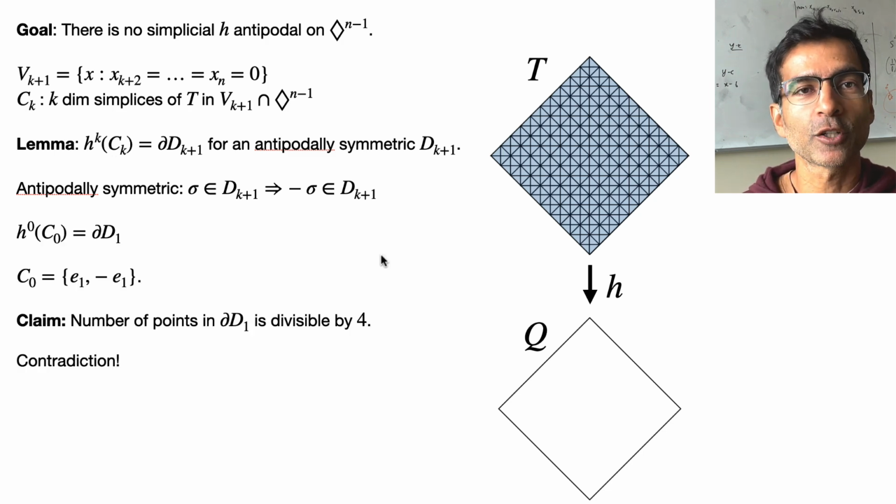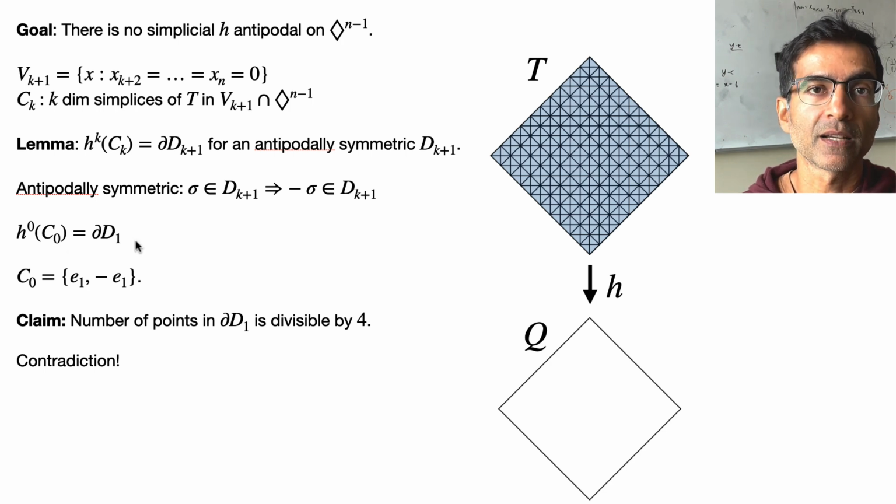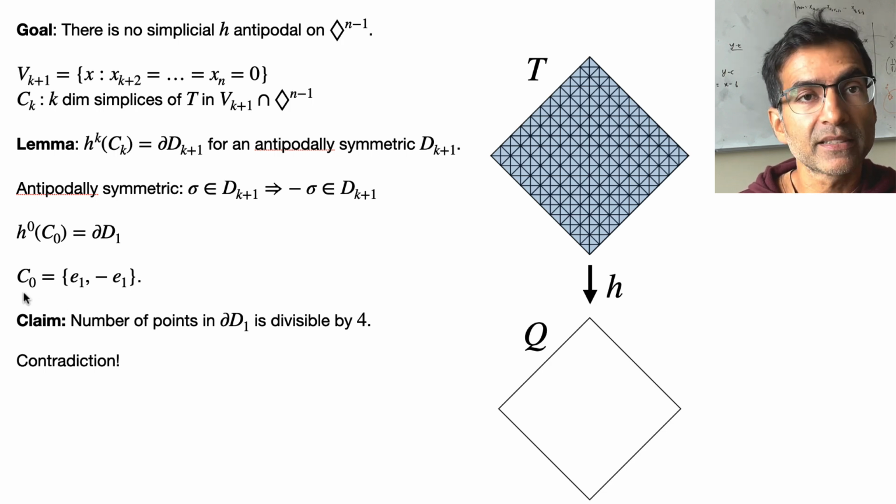The lemma leads to a contradiction, because if you apply the lemma with k equals 0, you see that it says this. Okay, H_0 of C_0 is the boundary of some antipodally symmetric one chain. But C_0 consists of exactly 2 points, E_1 and minus E_1.